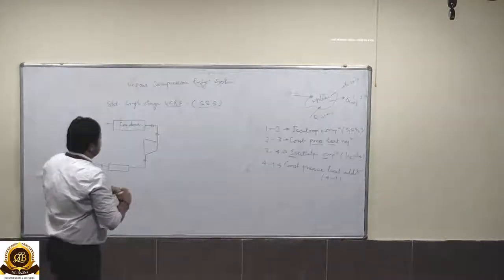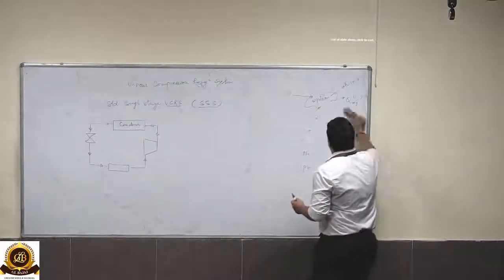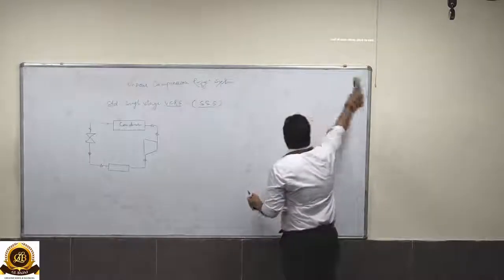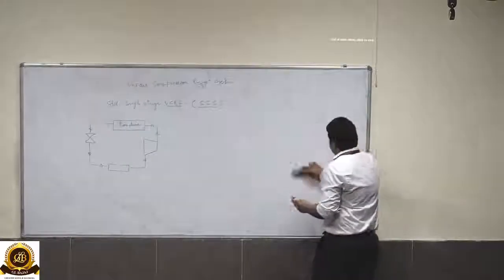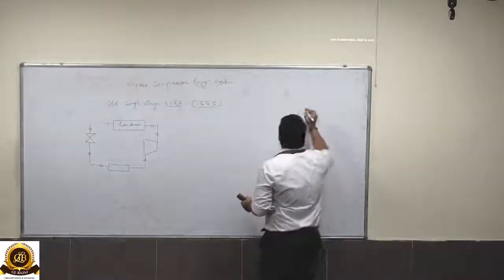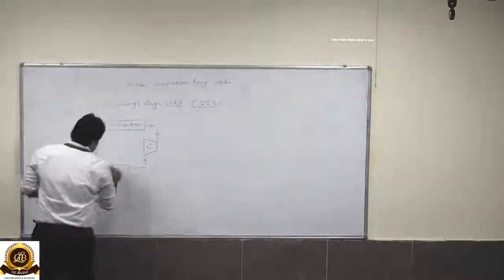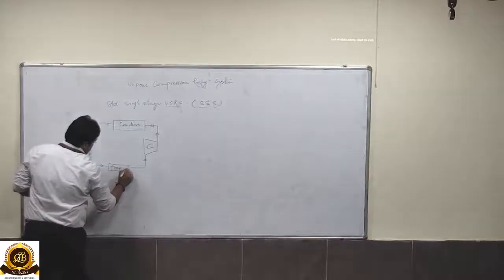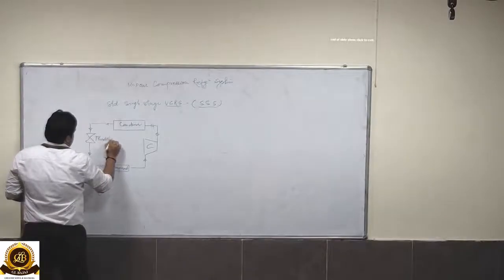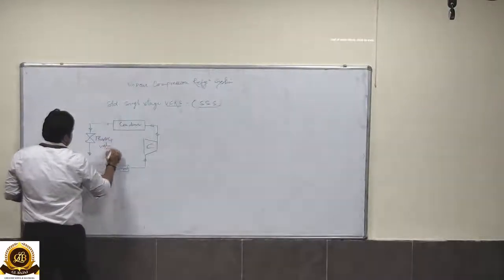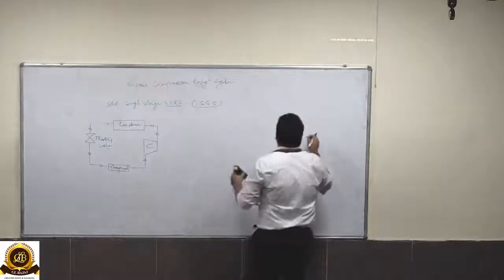If we want to derive the COP of this standard single stage VCRS cycle, we'll have to go through the individual components. We'll have a steady flow. We'll apply the steady flow energy equations for all the components which are part of this, and we'll get the formula of COP for this standard single stage VCRS cycle.